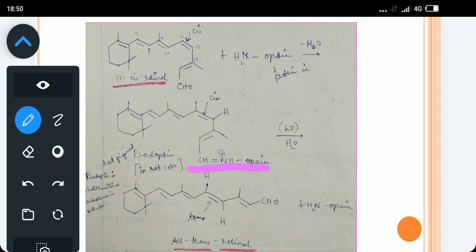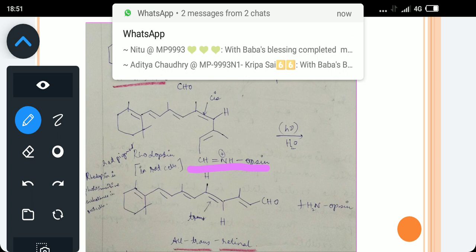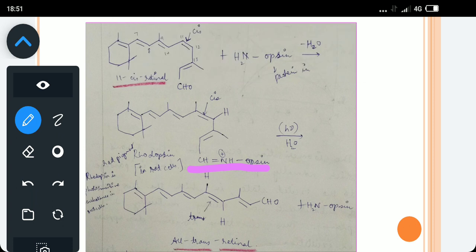Rhodopsin is a red pigment and a photosensitive substance, which absorbs radiation and then gives the vision. Now this rhodopsin absorbs a suitable wavelength of light, around 500 nanometers, and it gets dissociated into trans retinal and opsin.